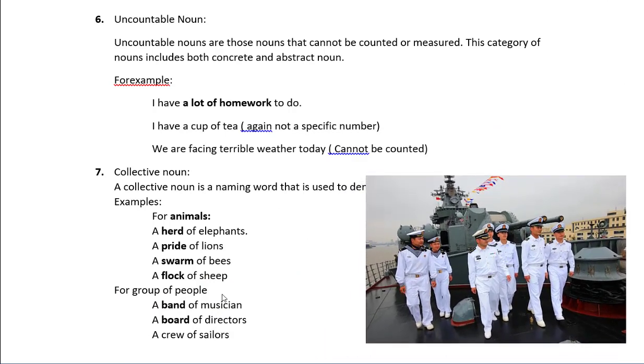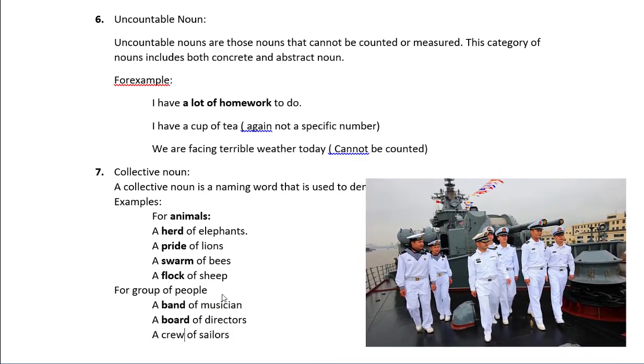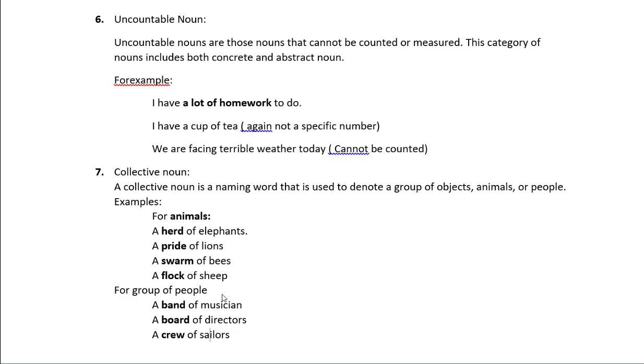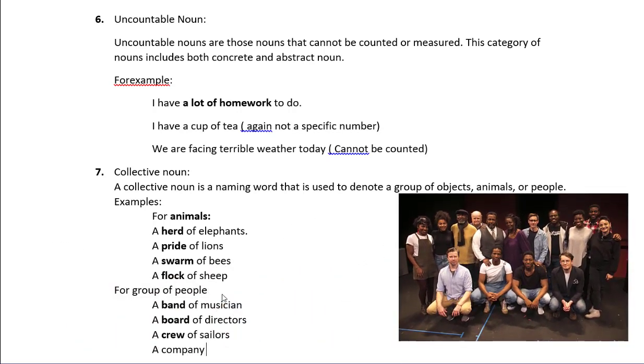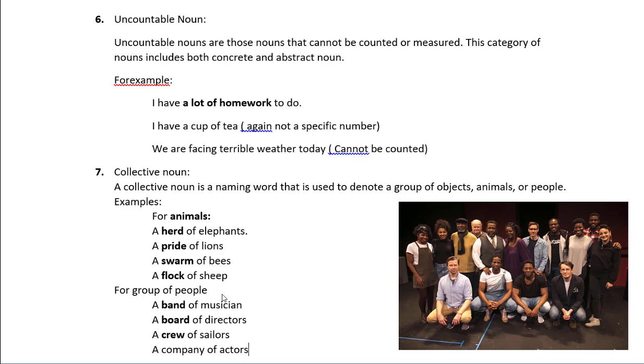This is another great example. I hope you understood. Similarly, a company of actors. There is a group of actors sitting. It is known as a company of actors.